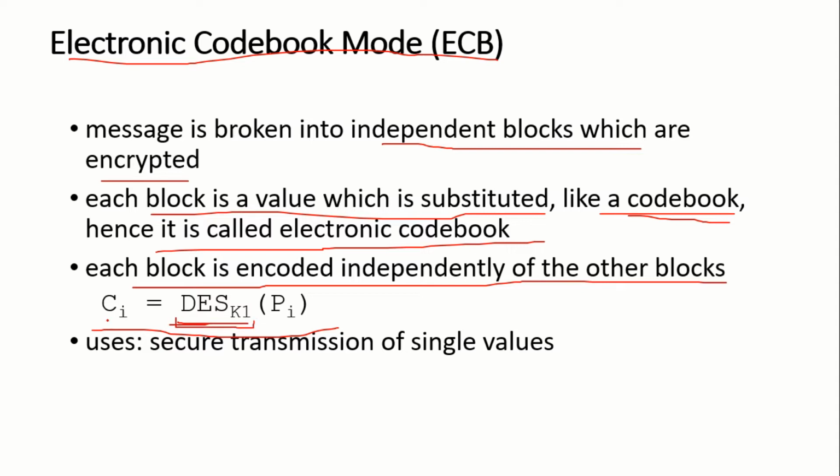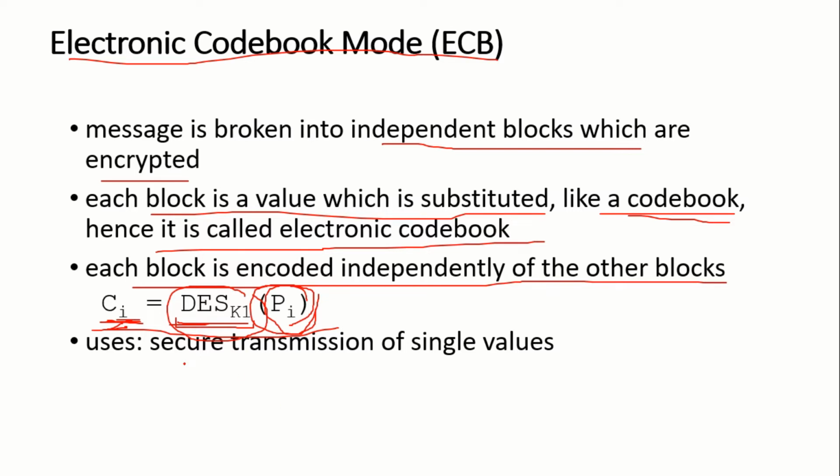We get the ciphertext block corresponding to this plain text block, which is why their subscript is similar. So this is Ci, the ciphertext block corresponding to the plain text block Pi after applying this key K1. The key will be the same for each and every block.